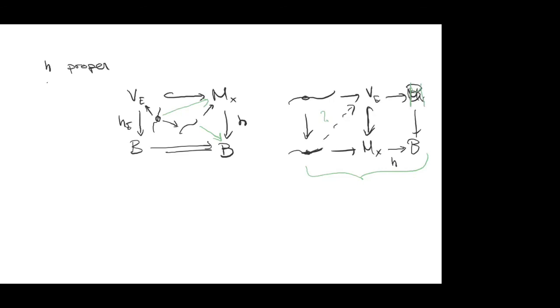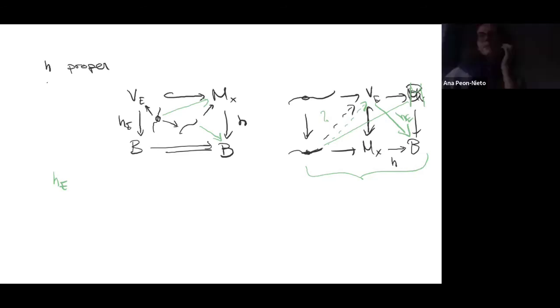I'm assuming now that H_E is proper. Okay, right, this is H_E. So since H_E is proper, then you can lift it here by properness of H_E. Yes. But then you're done because you've already lifted. So it's very simple, sorry. I just messed up.